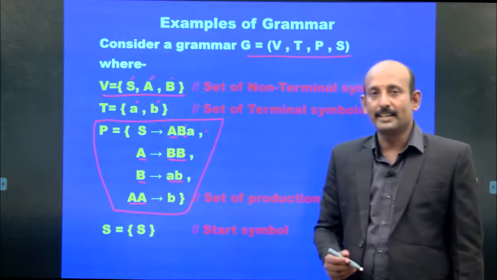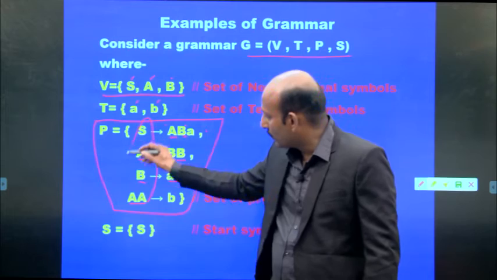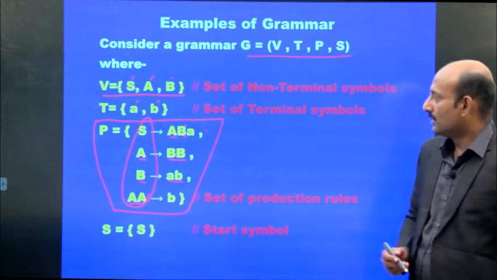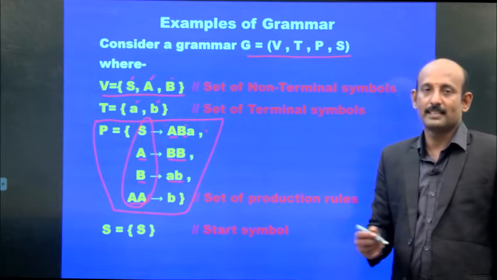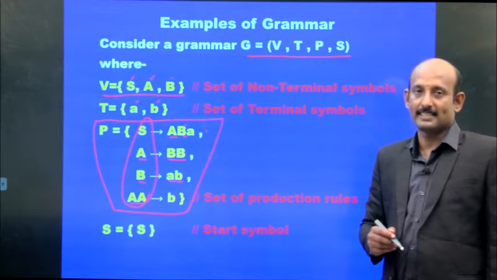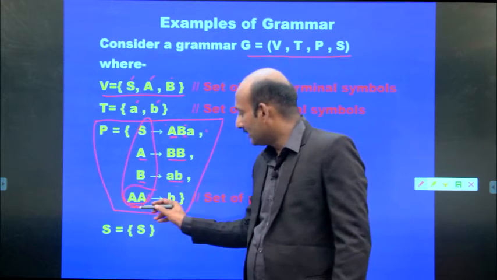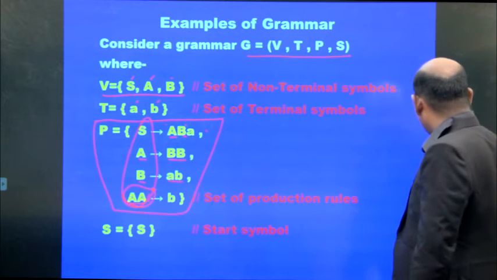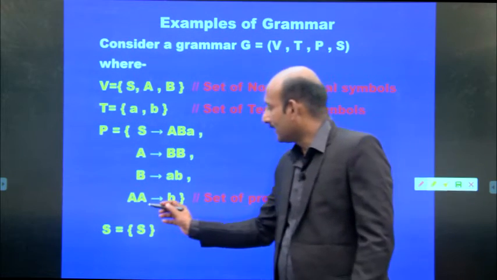At the very beginning I told you that the left hand side of this grammar always belongs to a single non-terminal. Okay, the left side of the symbol always belongs to a single non-terminal. That means only one uppercase letter. Whereas in this grammar, in the left hand side, there are two non-terminal symbols occurring.